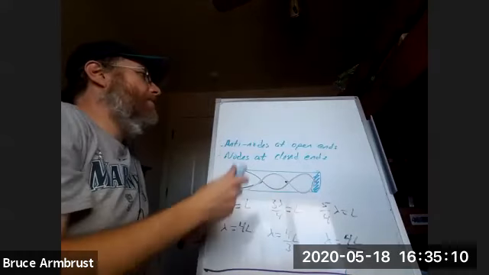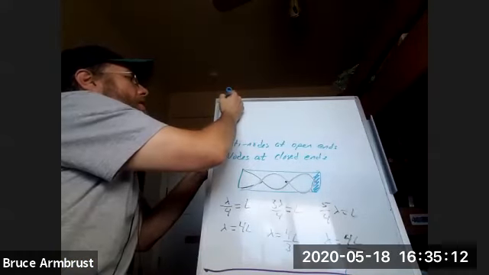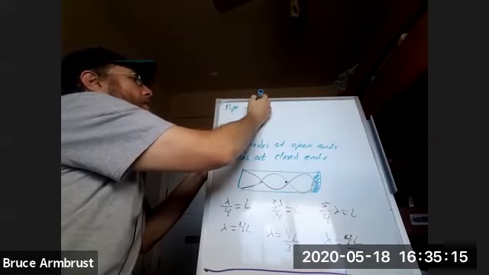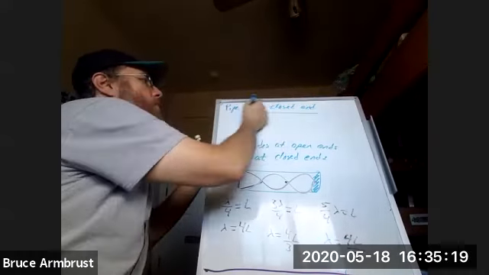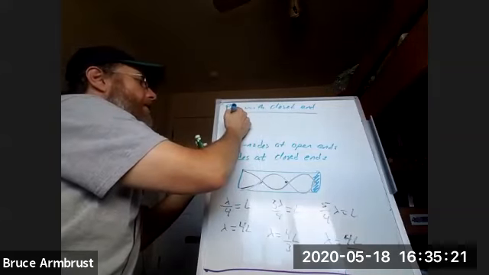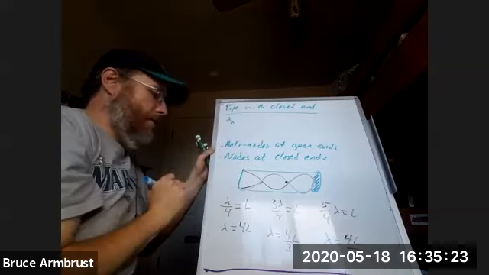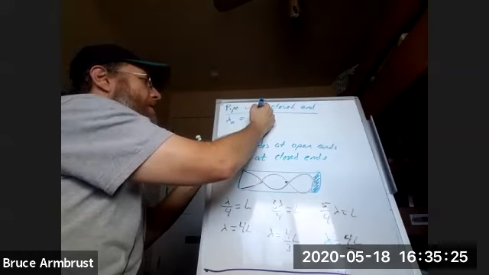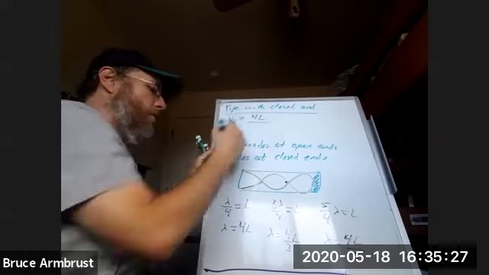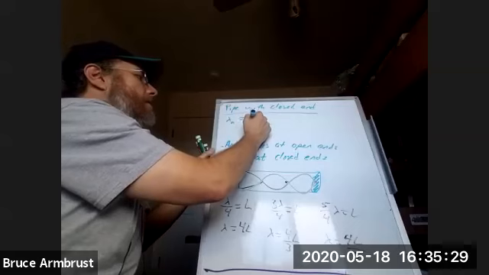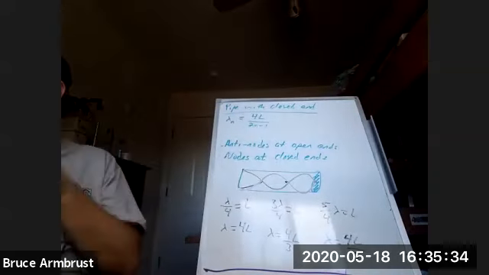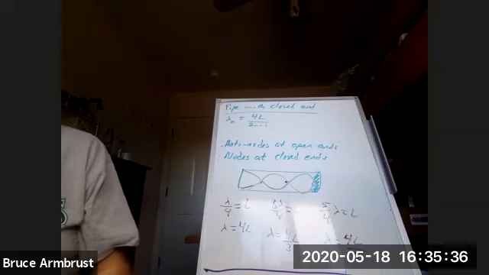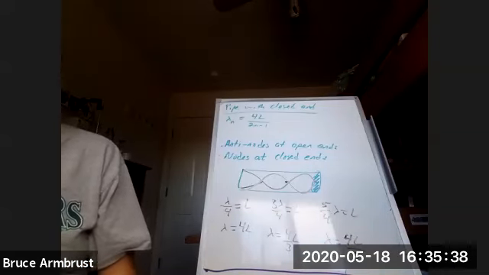So when we've got a pipe with a closed end, what we see for our wavelengths, lambda sub n, is going to be 4L over, and to get the right number, we would need to divide by 2n minus 1.